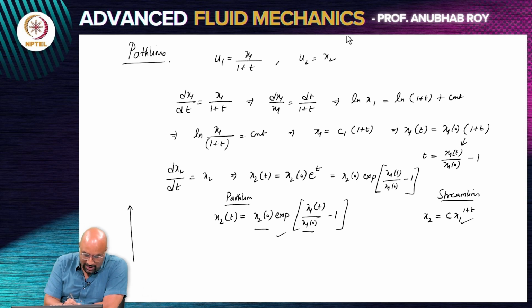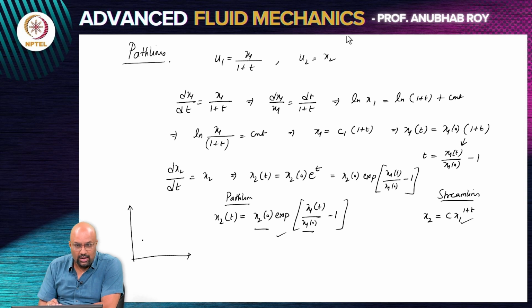So to plot path lines, you choose a particular point. So let's say the point was 1, 1. At t equals 0, I have a fluid particle that was at the location 1, 1. And then you ask the question, where would it be at a later instant of time? So this is x2 equals exponential of x1 minus 1.